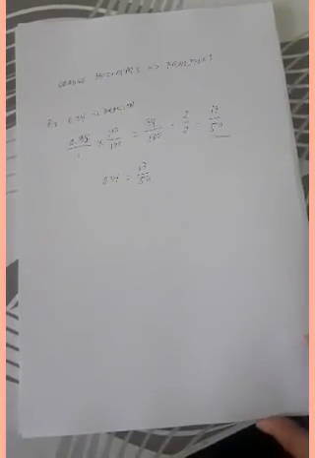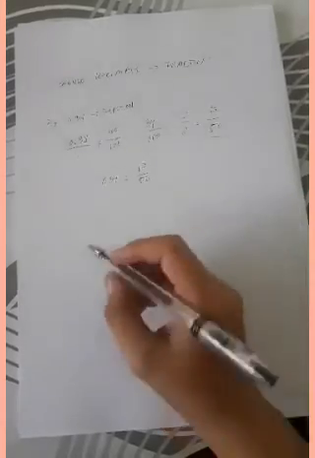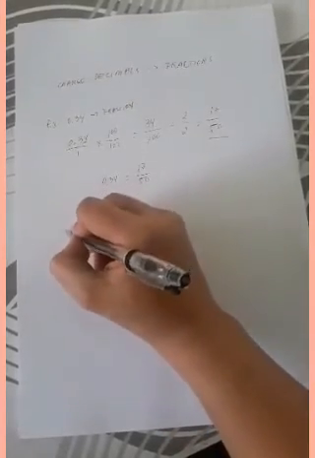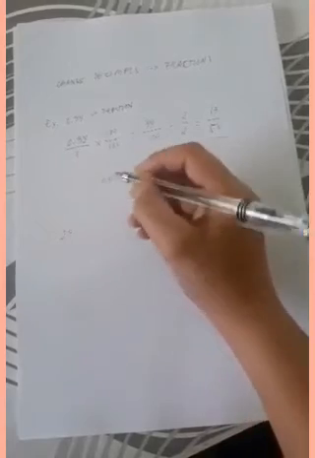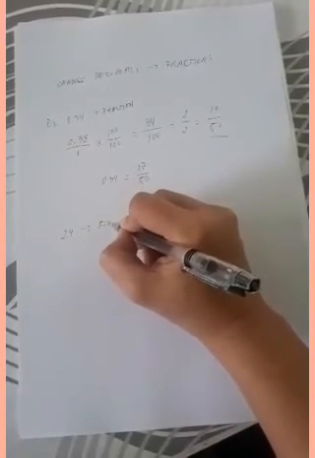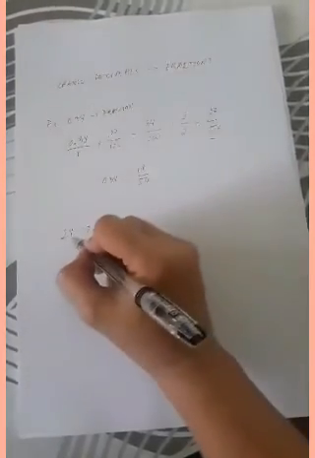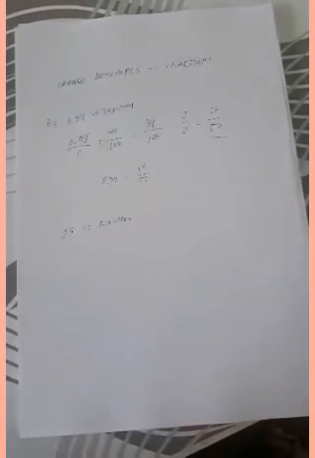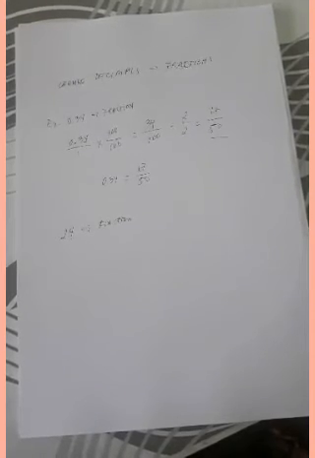Okay, so let's have another example. So let's say we have 2.4 converted to fraction. So first, we all know that the place value of the farthest digit to the right of the decimal is 4, which means the place value is 10.